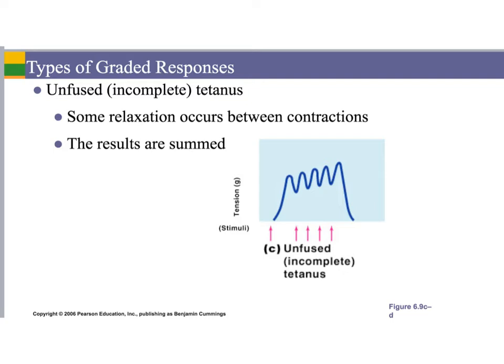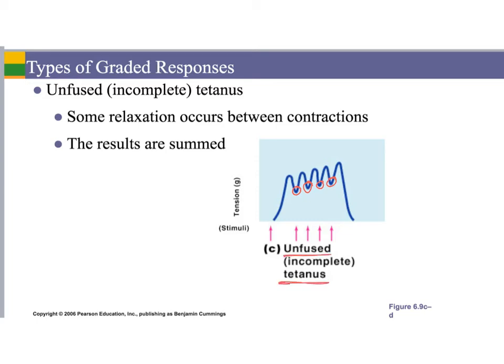We can increase the frequency even more. You can see where we have an even more reduced amount of rest between stimulations, right? Or between contractions. And this is called unfused or incomplete tetanus. Okay.